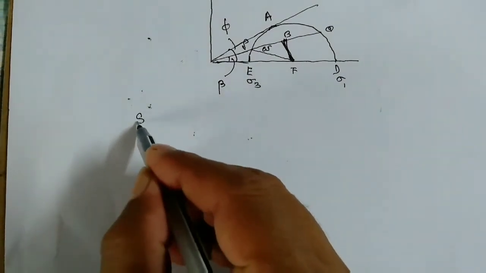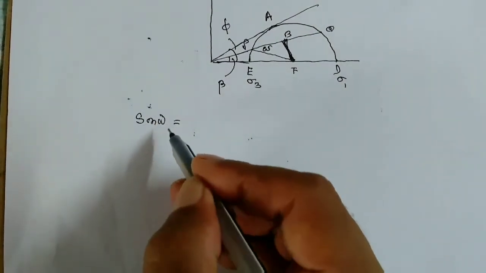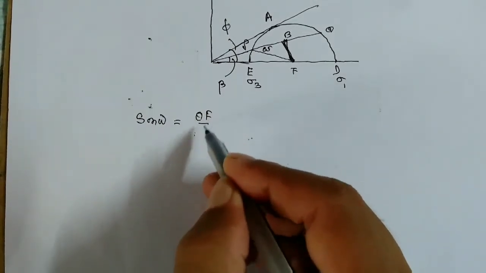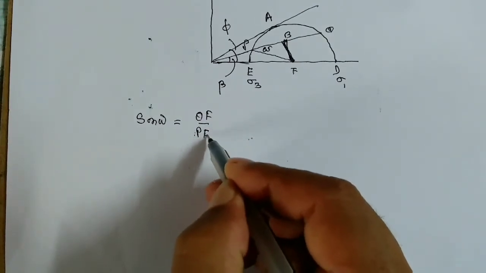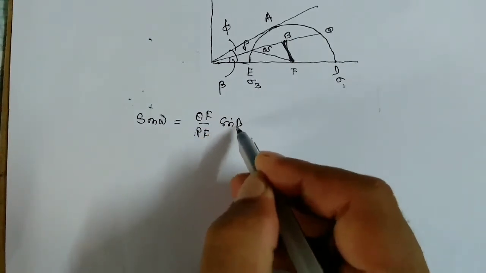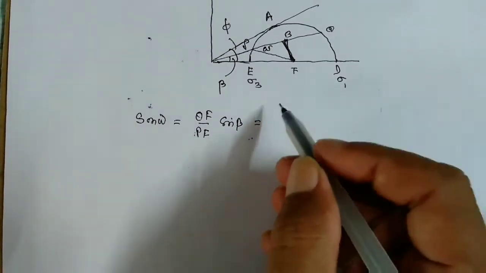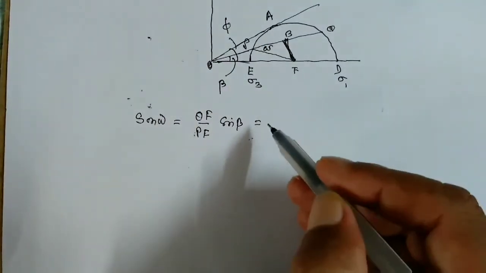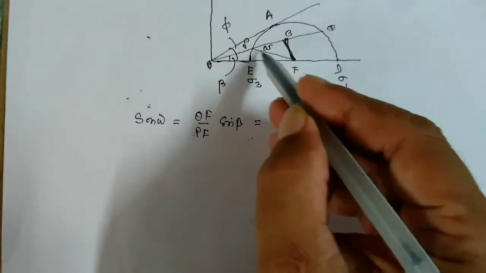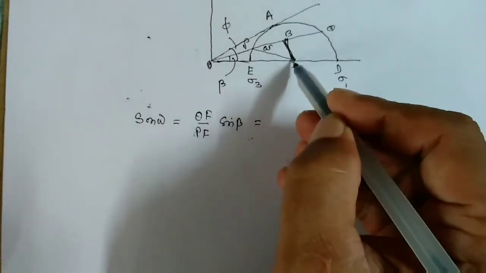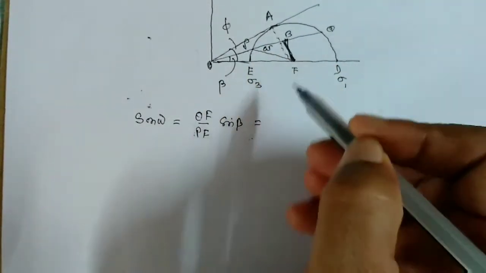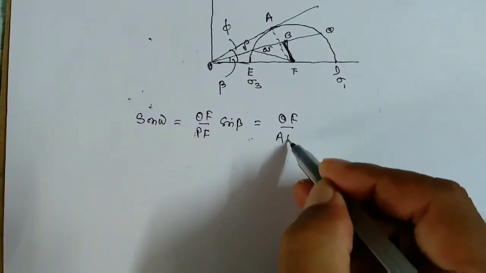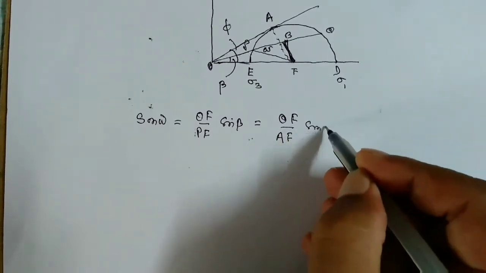So sin omega is OF by PF sin beta. OF is not a problem, but PF is a radius, and FA is also a radius. So in place of PF, we can write AF, because both are radii: OF by AF sin beta.